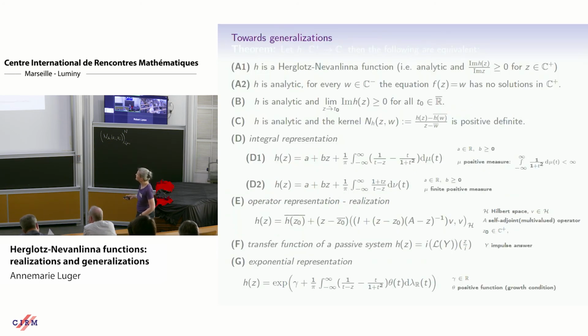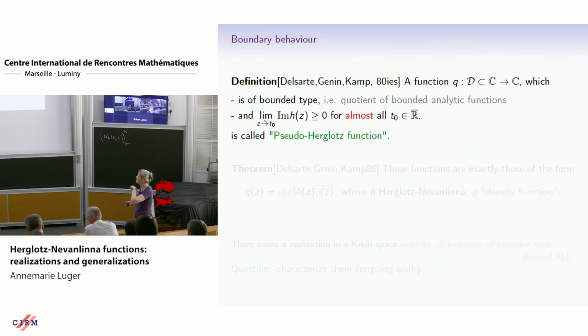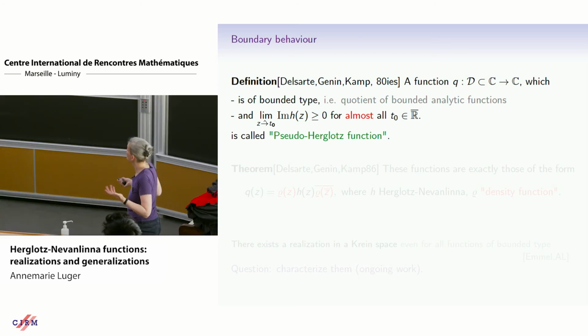Okay, back to our long list. What more can we do? This one here was that the imaginary part towards the real line has to be larger or equal than 0 in every point. And this leads to a class that was introduced in the 80s, actually motivated by electrical engineering applications, which we don't really understand.